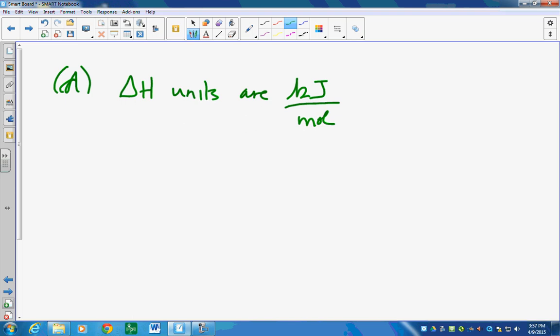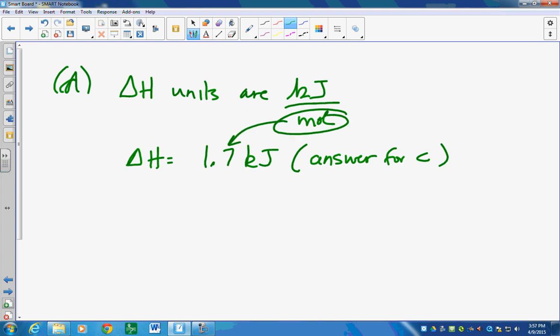In trial 2, we just figured out that, so to get delta H, we take 1.7 kilojoules. That's the answer for C. And then we have to figure out how many moles of the MgO, because that's the limiting reactant, you used to get that 1.7.